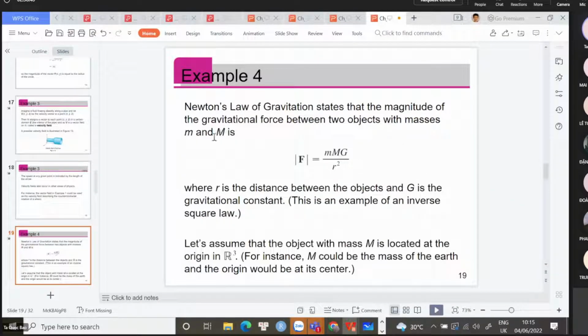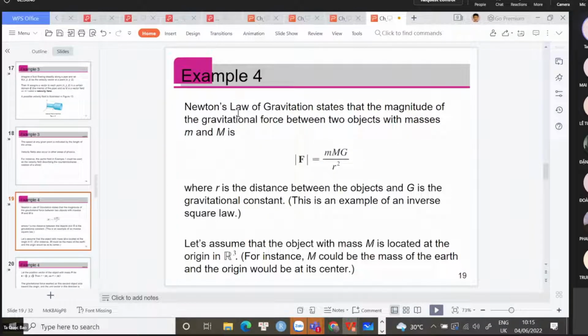So next we consider an example, the Newton law of gravitation, which states that the magnitude of the gravitational force between two objects with masses m and capital M is the force F given by this formula, and here r is the distance between the objects, and G is the gravitational constant.